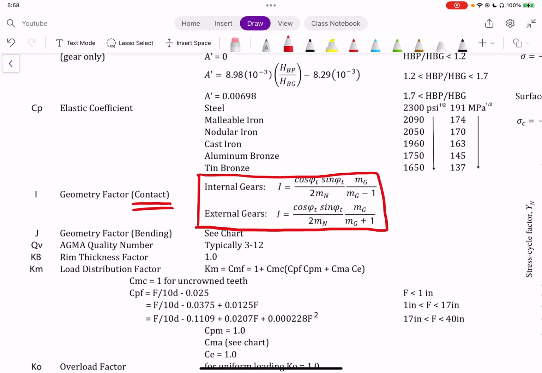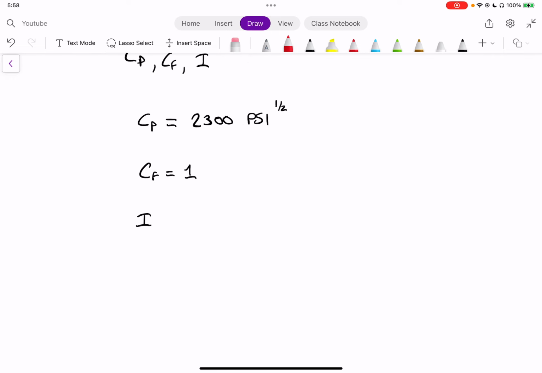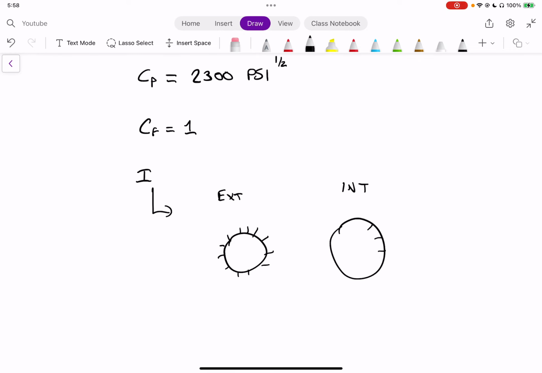Internal and external gears does not mean gears that operate outside and gears that operate inside. It actually means the direction in which the teeth are faced. So if I go back to my analysis here, I'm just going to describe my internal versus external. External gears would be a gear that has gear teeth facing the outside, and then internal gear would be where teeth are facing inside.